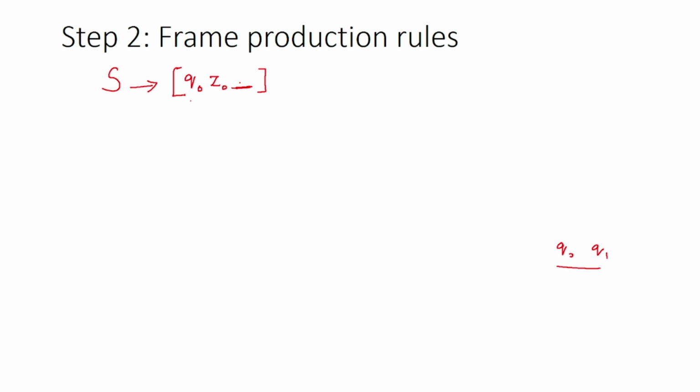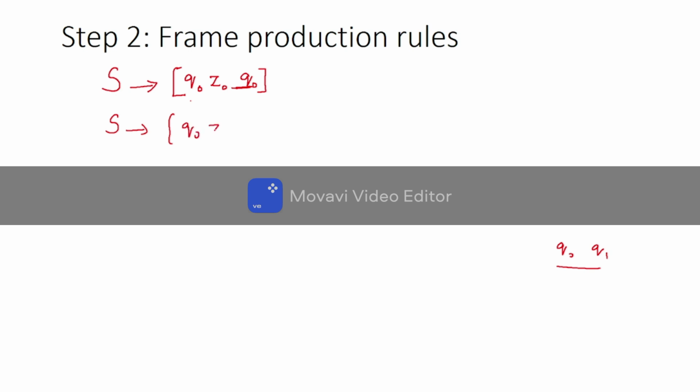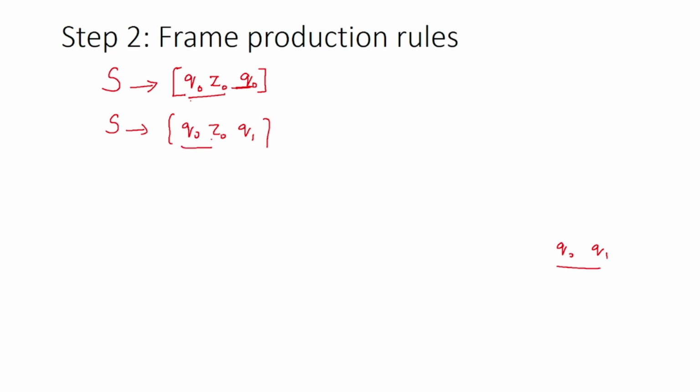Here the given PDA consists of only two states, q naught and q1. So, you can place q naught first, and in the next production S implies the same thing, q naught, z naught and q1. So, among these three components, the first two components are not going to change, and the third component takes all the possible states, q naught and q1. So, as of now we have framed the rules for the start symbol, right.